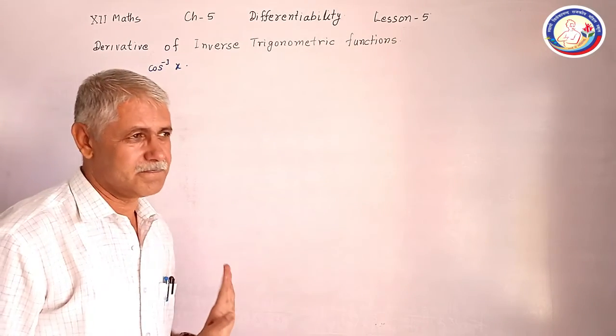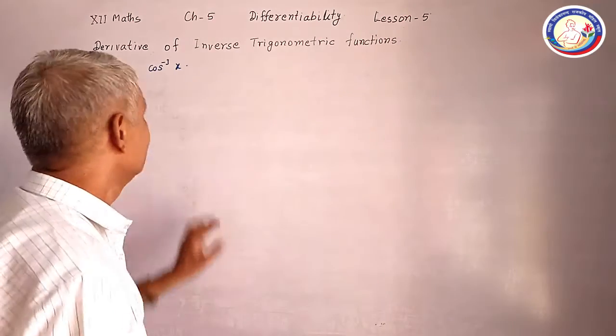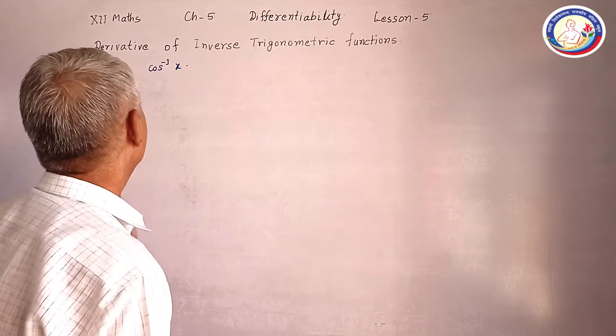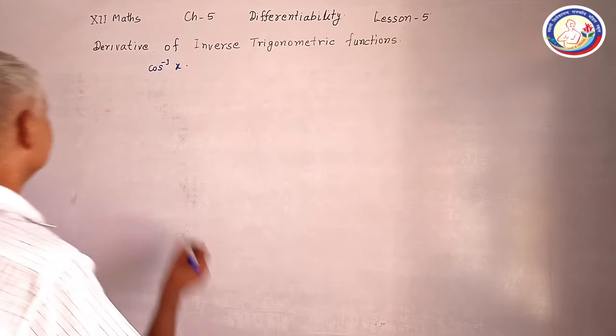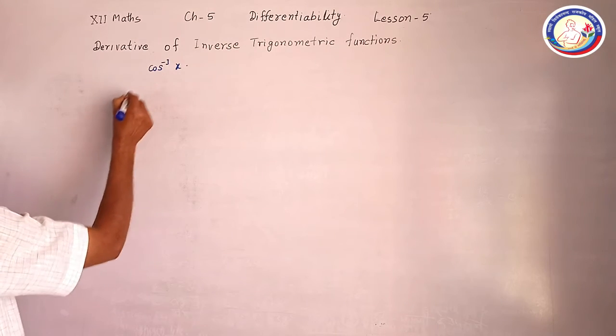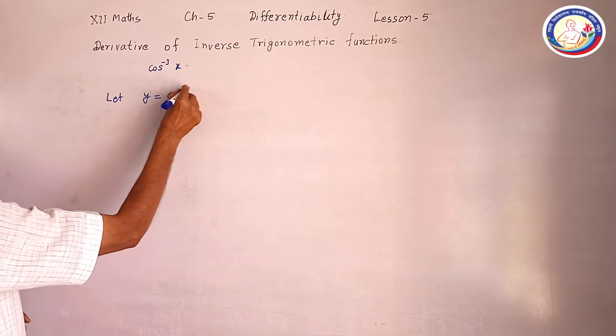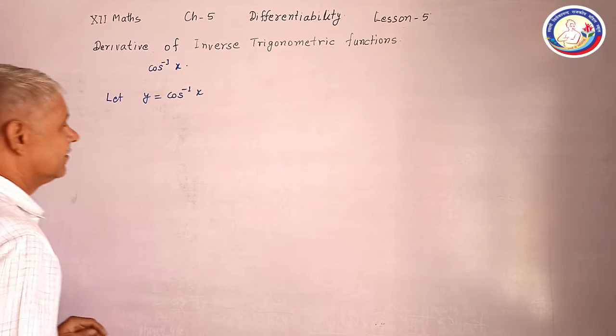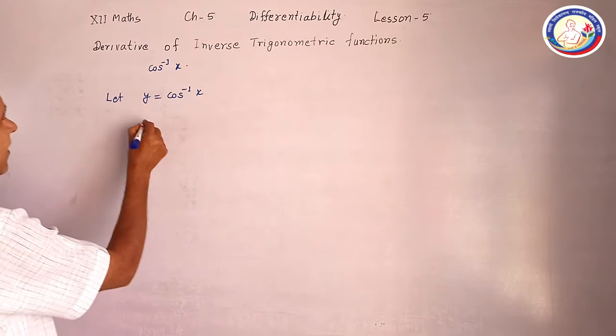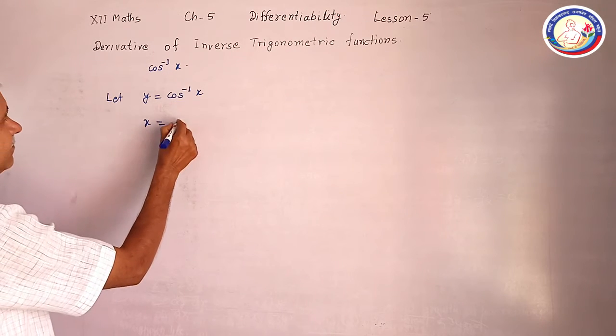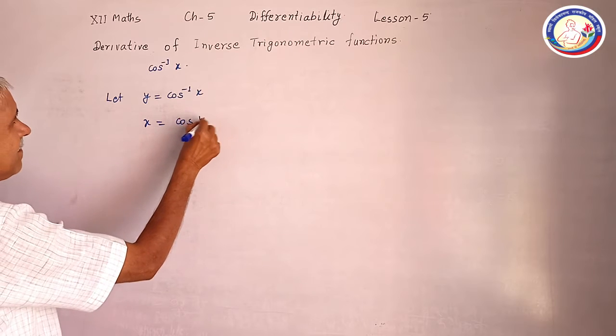What is the procedure for finding derivative of inverse trigonometrical functions? Here, let y equal to cos inverse x. Then x will be equal to cos y.